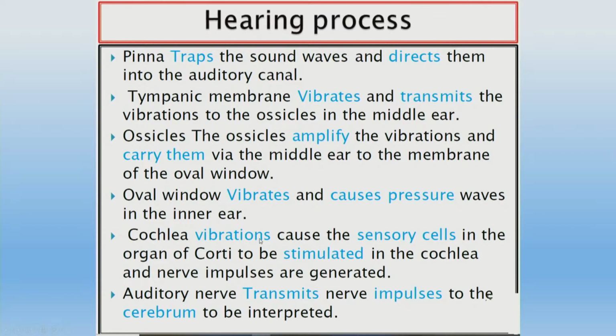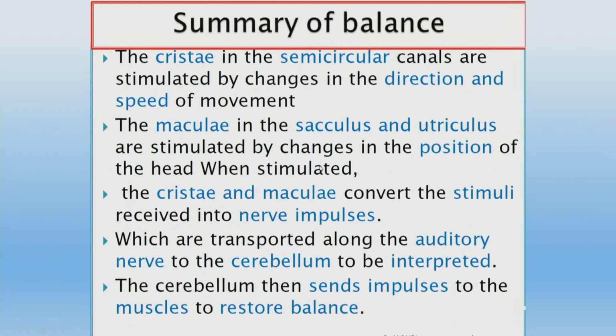And then the cochlear vibrations cause the sensory cells in the organ of Corti to be stimulated in the cochlea, and then the nerve impulses are generated. After that, the auditory nerve transmits the nerve impulses to the cerebrum to be interpreted. So just make sure that you know this process.